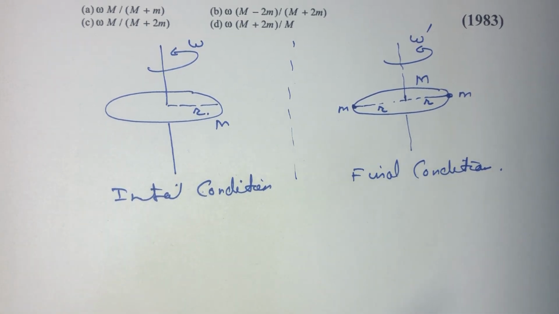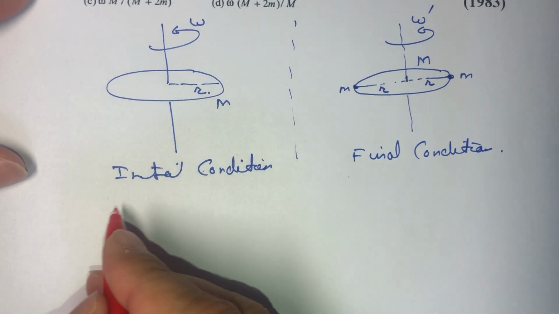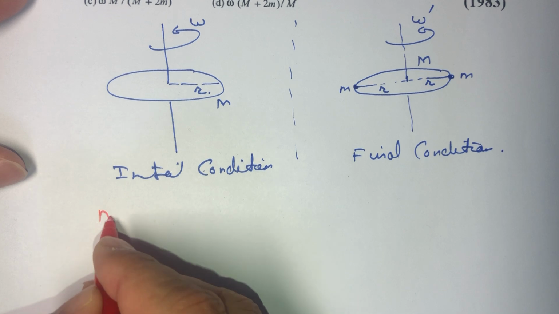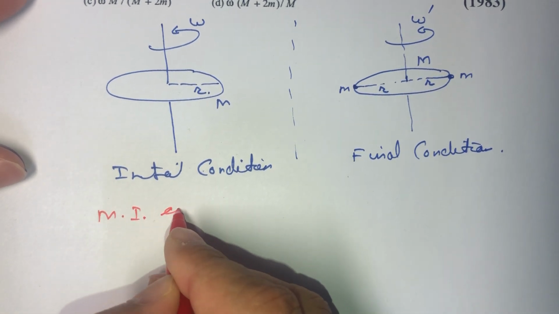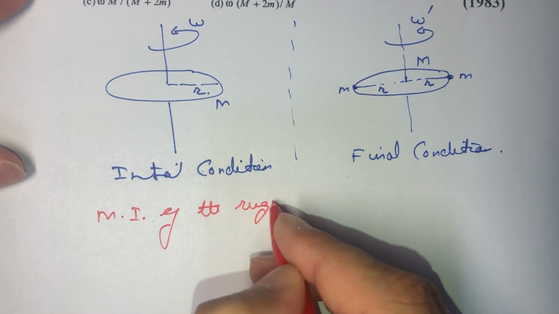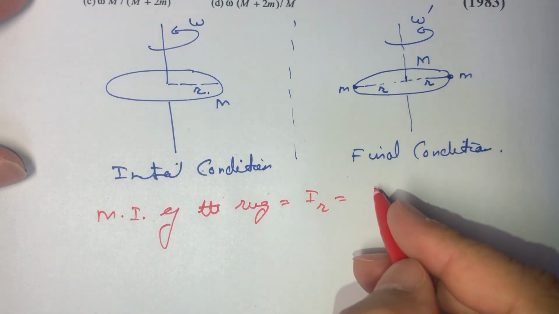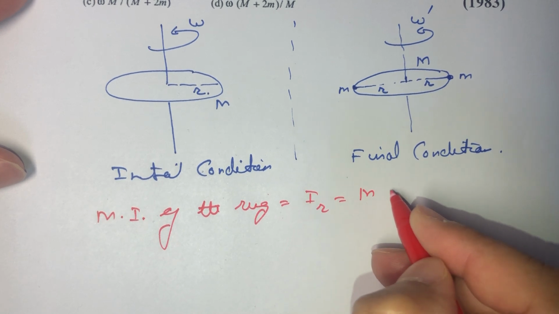And we know that the moment of inertia of the ring, let us suppose it is given as I_R, will be equal to capital M r square.